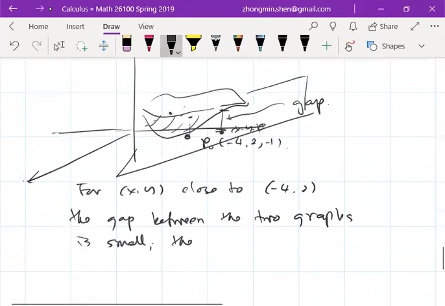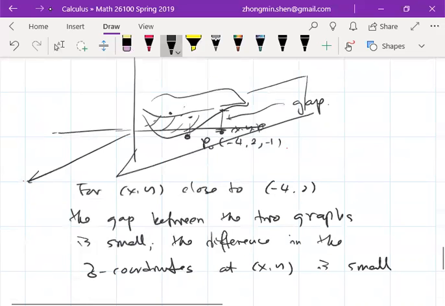So the difference between the z coordinates at the point x, y is small.